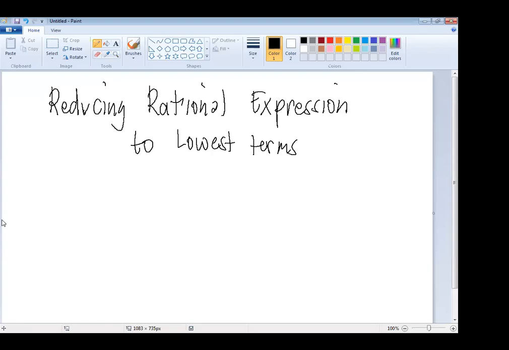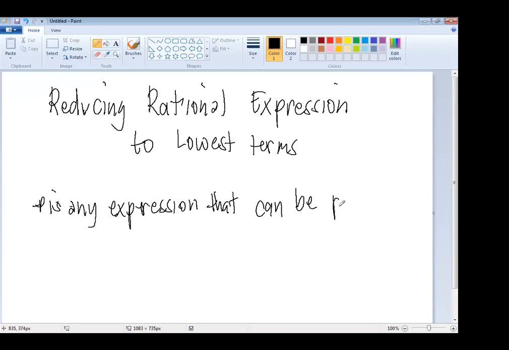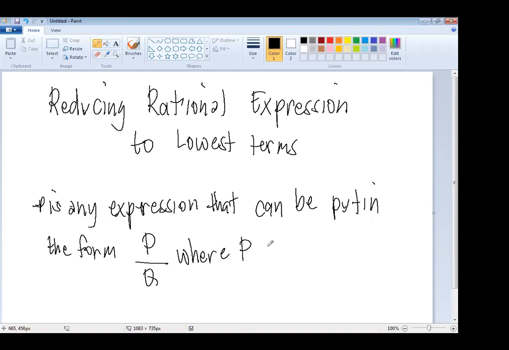Okay, so in this part, we're going to discuss reducing rational expressions to lowest terms. A rational expression is an expression in the form of... Always remember that if we have a fraction, the denominator is not equal to 0, right?